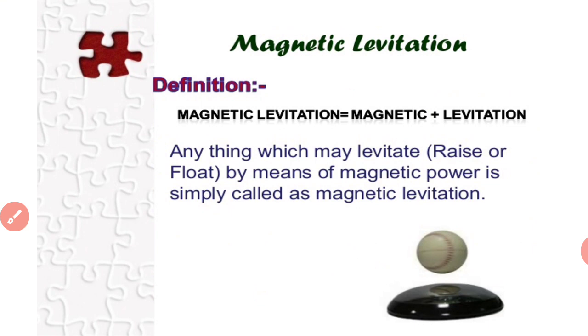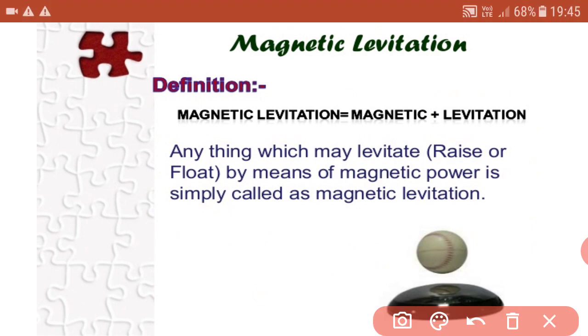Now the definition: magnetic levitation is equal to magnetic plus levitation. Anything which may levitate, meaning rise or float, by means of magnetic power is simply called magnetic levitation. So levitate means rise or float.